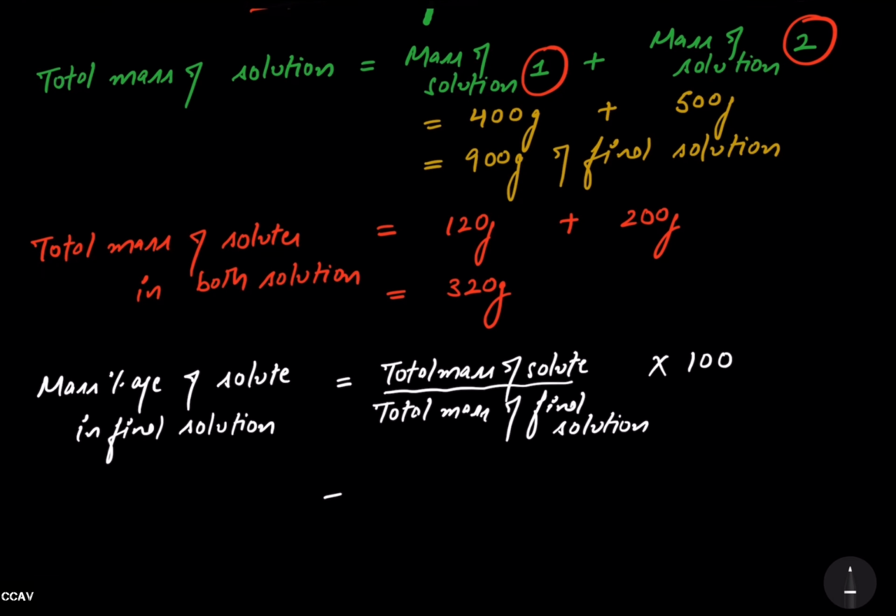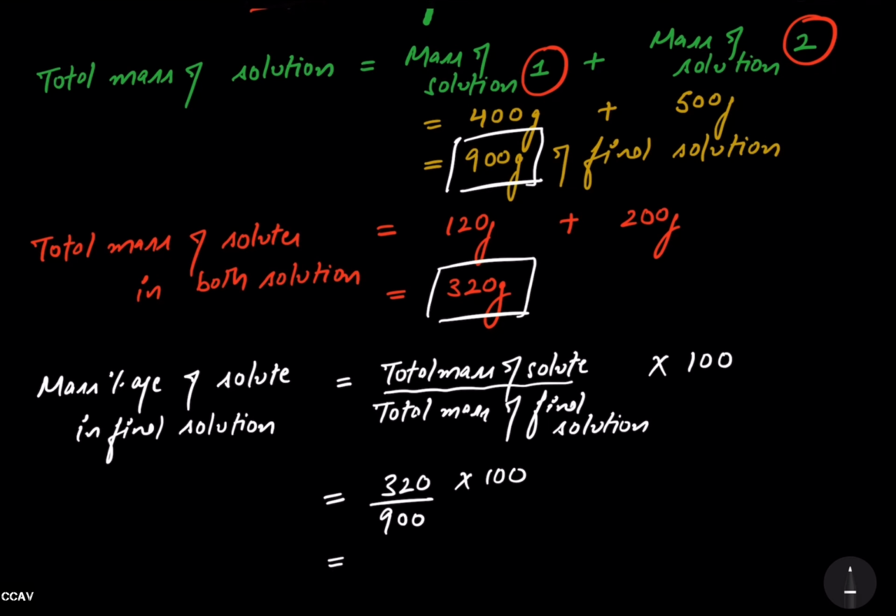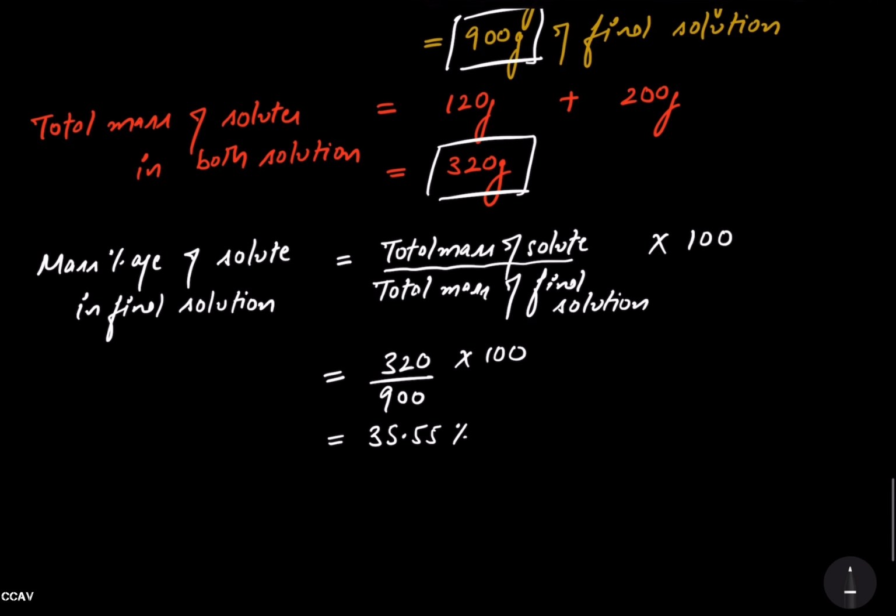What's the total mass of solute? Total mass of solute is 320 grams divided by what's the total mass of final solution? It's 900 grams into 100. My answer comes out to be 35.55%. So that comes out to be the mass percentage of solute in final solution.